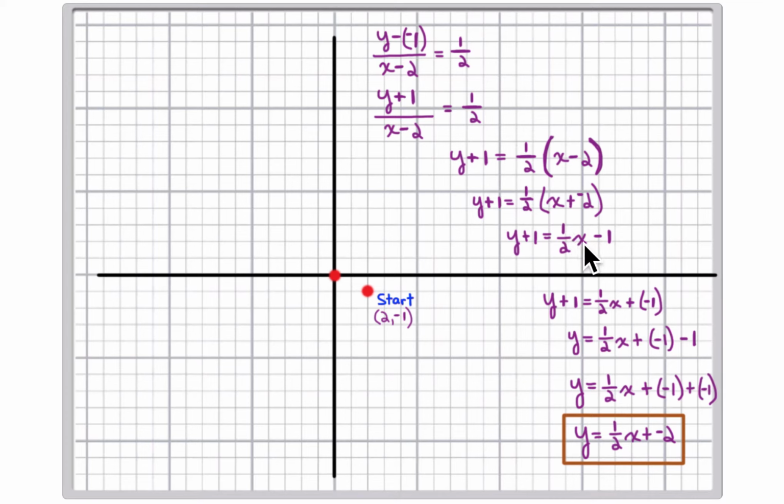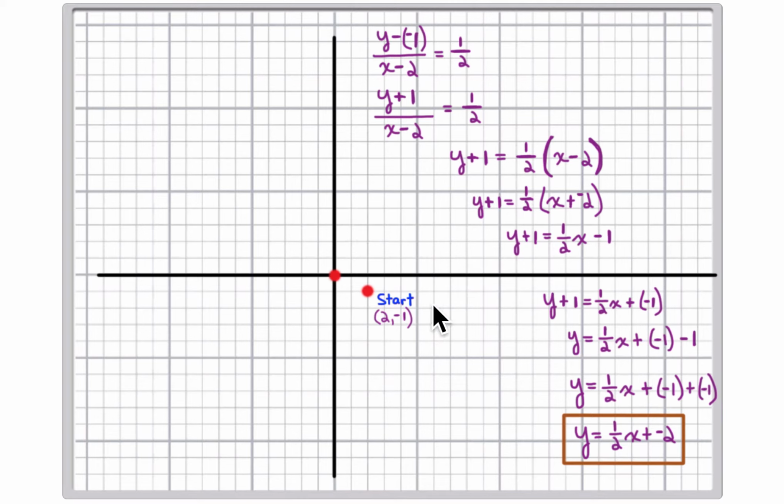So I have 1/2 x and 1/2 times a -2, and actually I should have written this here as plus a -1, because 1/2 of a -2 is in fact -1, and you can rewrite that as subtracting a +1. I should have written one more step in here, but it just gets long if you include absolutely everything. All right, so y plus 1 equals 1/2 x, and here I rewrote it as plus a -1.